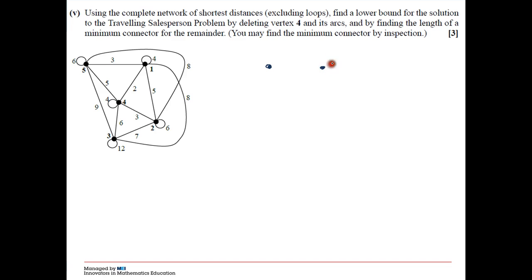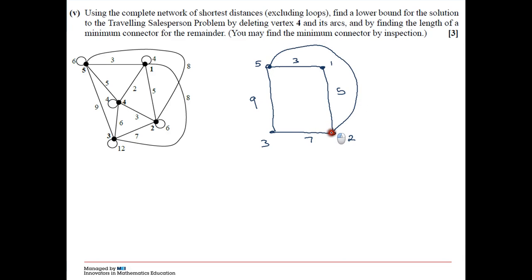So I'm going to put in the other vertices, but not vertex 4, and I will connect the other vertices, and you can't draw most of these without having some edges crossing.